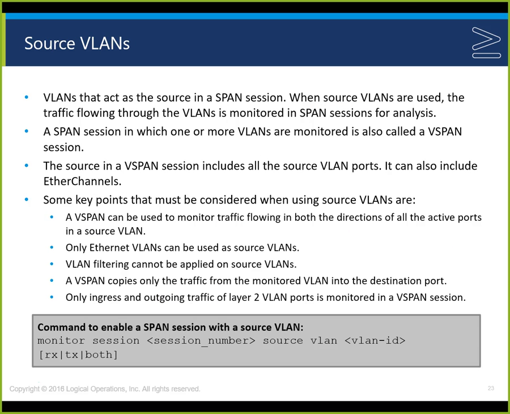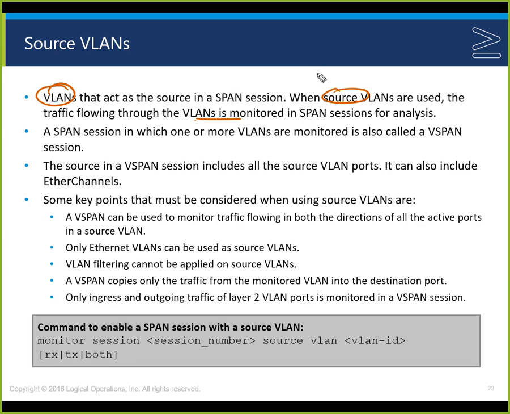Source VLANs. When we talk about these, we're talking about VLANs that can act as a source for a SPAN session. When source VLANs are used, the traffic flowing through the VLANs is monitored in the SPAN session, so we can use the VLAN as the source.